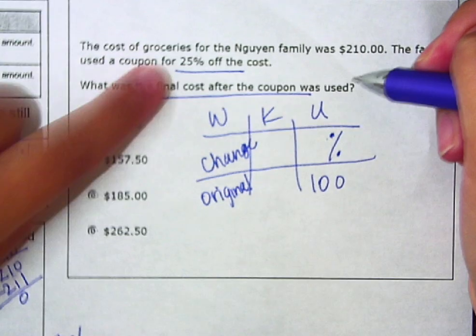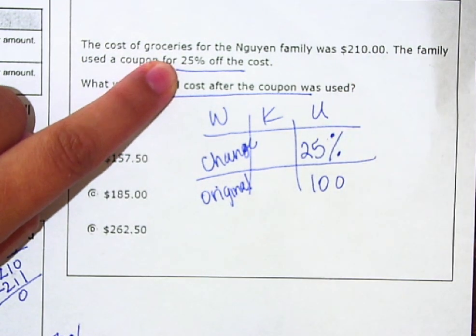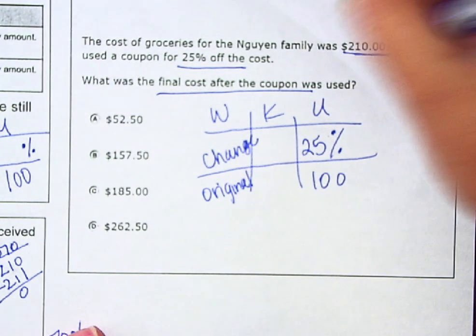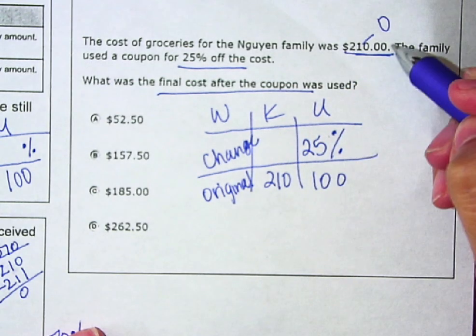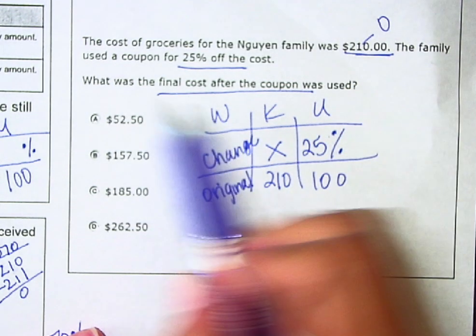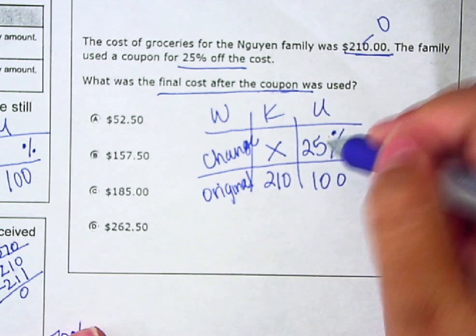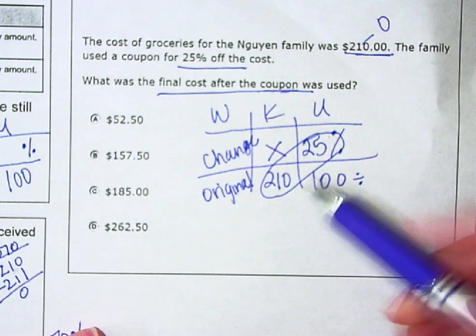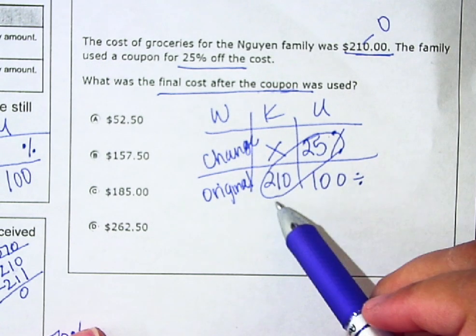We actually have the percentage this time, so we're gonna write 25 in there. We also have the cost of groceries was 210. This is gonna be your original. So 210. We don't know how much the change is when the coupon was used. So that means we're gonna have to cross multiply. This time we're gonna cross multiply the other way because there's no number here.